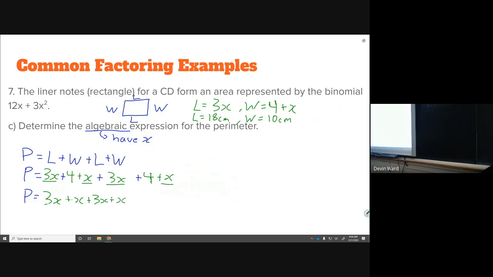All I did was move all the x's up to the front, and then push numbers to the back, where I have a 4 plus 4. Now all of these are the same, I can add them up, and all those are the same, I can add those up as well.